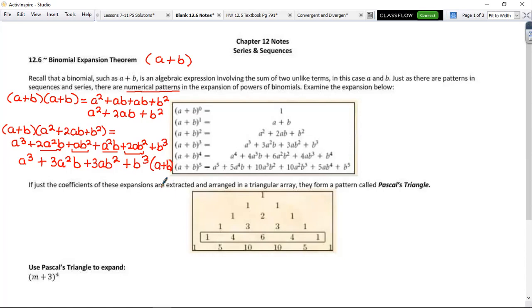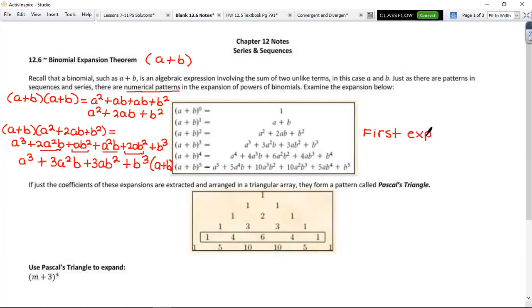And if you look closely at it, what happens is I start with a power of 4 on a, and you'll see it decreases by 1 for each consecutive term. Then your b value starts at 0 because it's not there. Power of 1, power of 2, power of 3, power of 4. So what you'll notice today is that your first exponent is going to decrease.